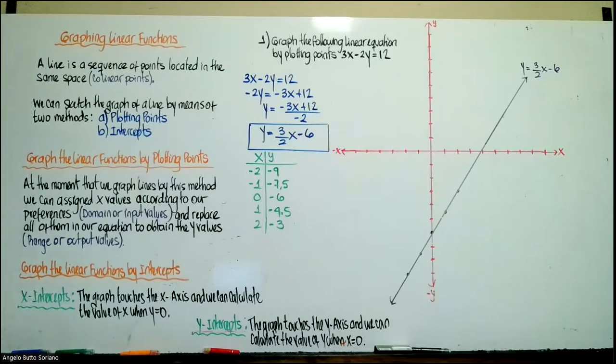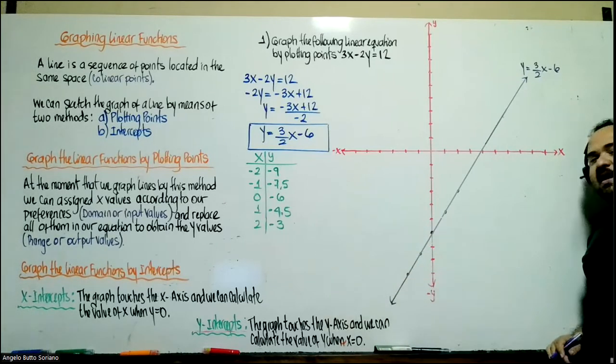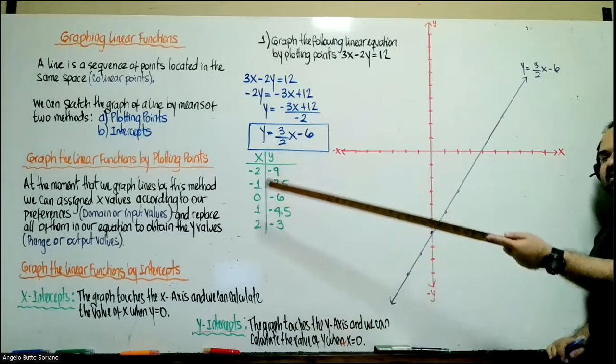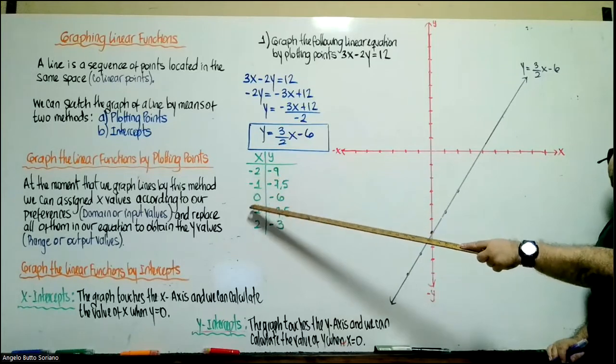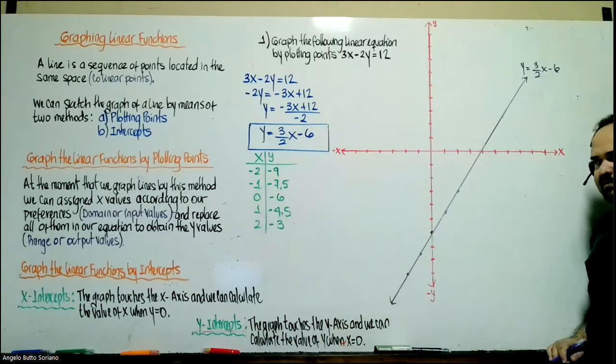And this is going to be the first demonstration of how you are going to sketch the graph, okay? Remember, step number one: given the linear equation and the x and y axes, make sure the equation is written in slope-intercept form, or in simpler words, solved for y. After that, create a table of values where the letter x represents the domain or the input values, and you assign the values as you wish, as many as you wish.